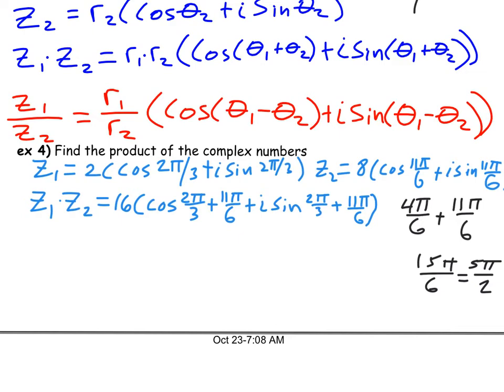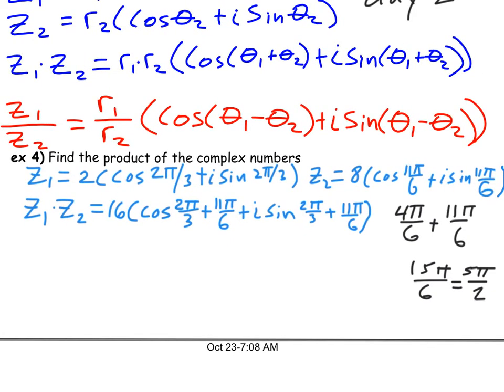However, that's beyond 2 pi, and I would prefer that the angle that I give be within 0 to 2 pi, so I can take away 2 pi, and there we go. Okay, that's kind of a worst case scenario for what it took to find the angle.